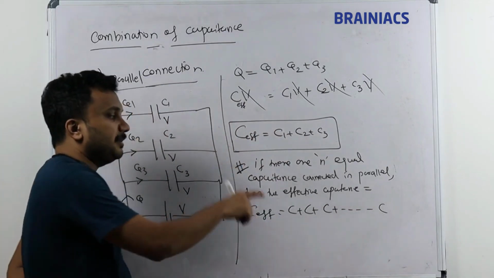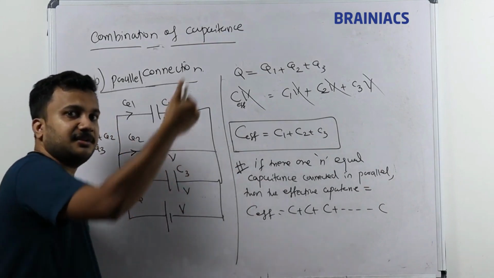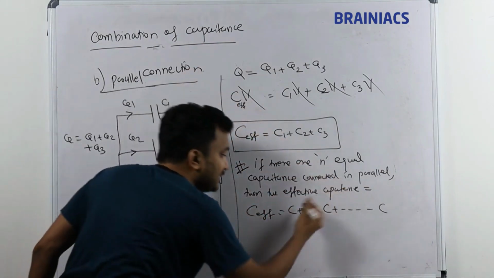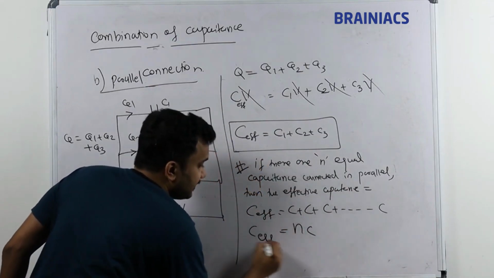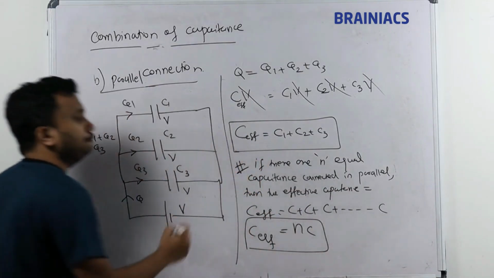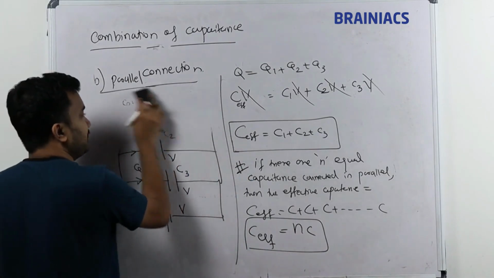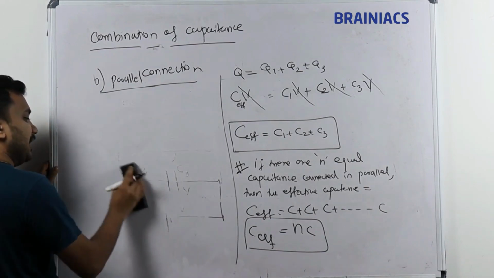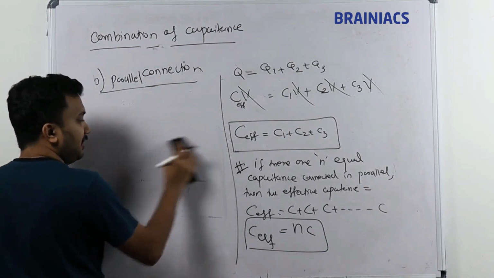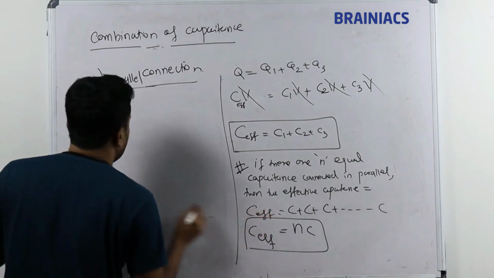So C plus C means 1C, 2C, 3C, 4C, 5C, finally how much? NC. So effective capacitance is equal to NC. And I can ask you in the same format: there are n capacitances connected in parallel, effective capacitance is equal to NC.